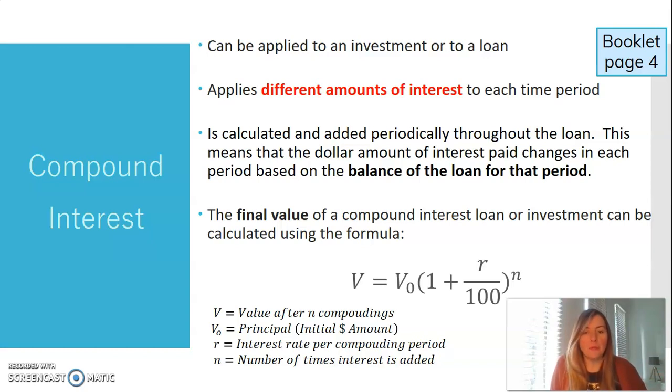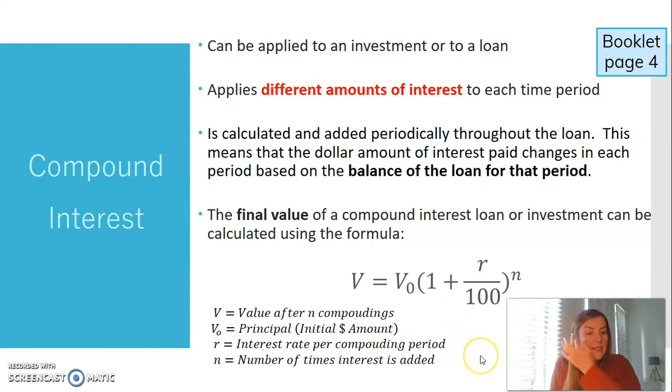All right, we can use the formula below here to calculate the value of a compound interest loan or investment. So we have V here, which is our value at a certain time N. We have V naught, which is my principal. We have R, which is still just the interest rate per time period, and N still refers to the number of times interest is added throughout the life of that investment or loan.